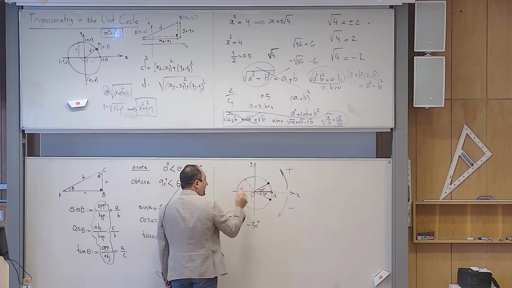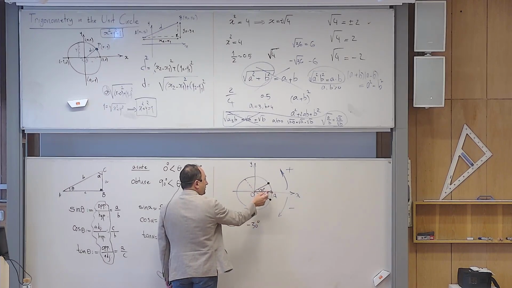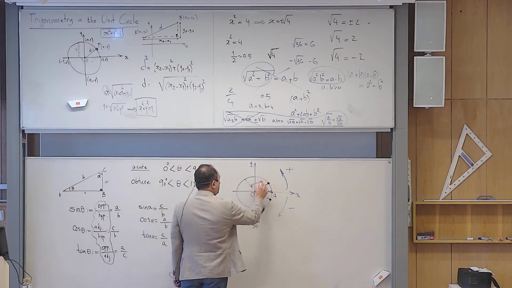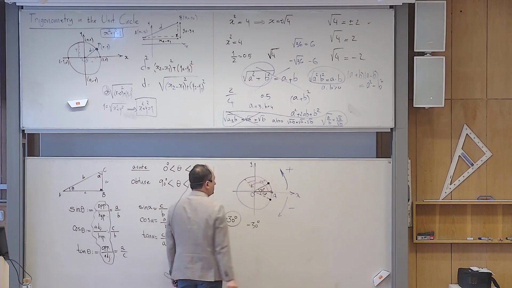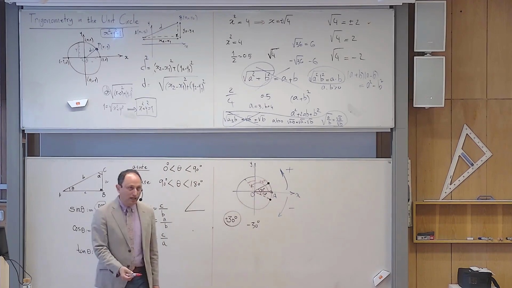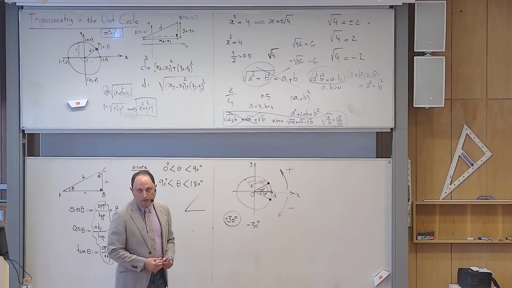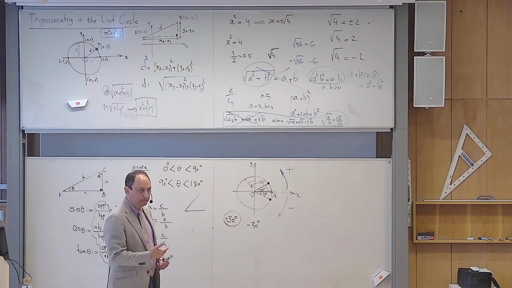So if I ask you, where is 125 degrees? Remember, from here to here is 125 degrees, yes? But of course, if I ask you what you think about the size of this angle, you can answer that. But that's not that important for me right now. What is the size of this angle? 35 degrees. Yes? Is that clear? Okay.